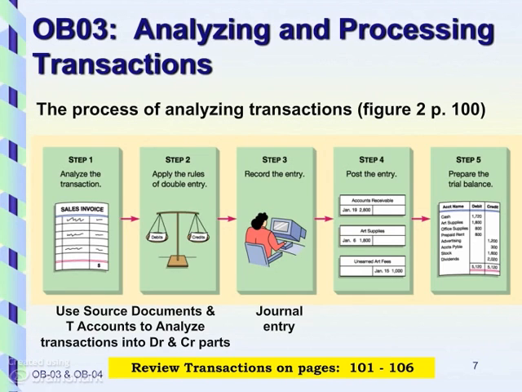When we record our journal entry, we make sure that we're entering our transactions in the journal in chronological order. We enter the date first, followed by the debit account and then the debit amount. And then secondly, we enter the credit account and the credit amount.